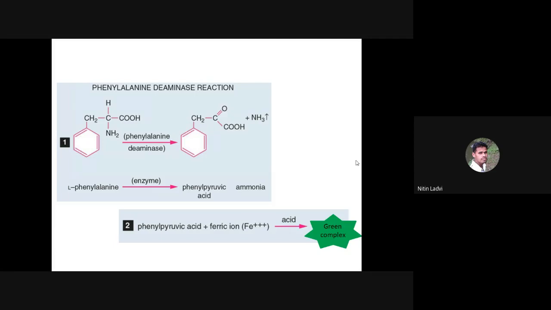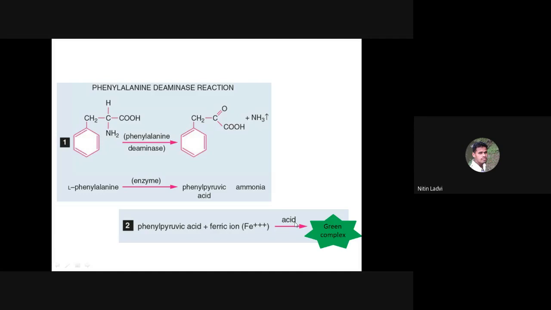Okay, so you will ask how there is a presence of acid. You can see there is one word mentioned as acid over here. You will say we are adding 10% ferric chloride, so how are we getting the acidic condition? As far as the preparation of this reagent is concerned, you can note it down.